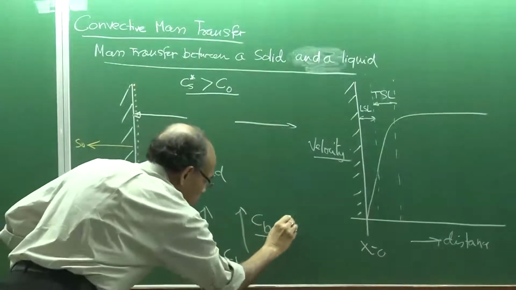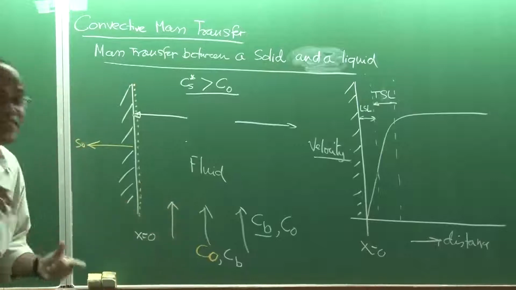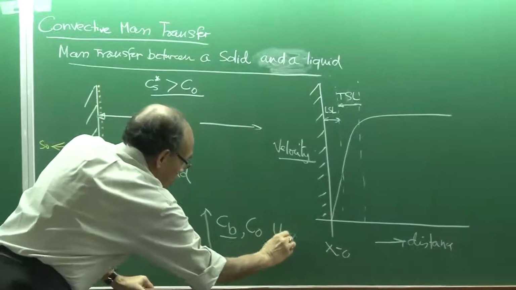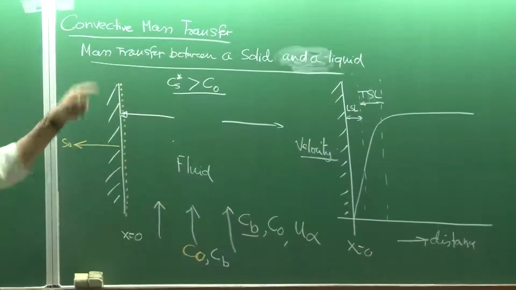So this is either the bulk concentration, they are one and the same thing. It is synonymous to the free stream velocity. So the free stream velocity is u infinity, and the concentration is C0 or Cb.